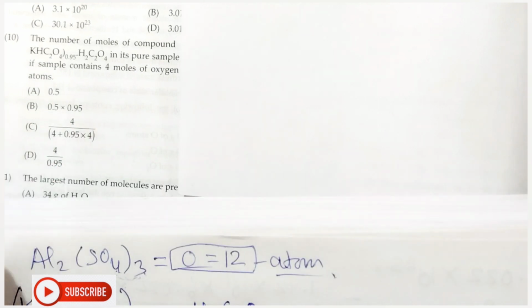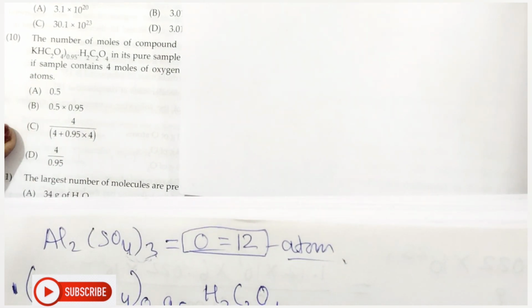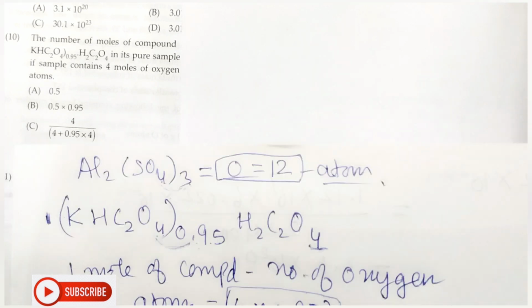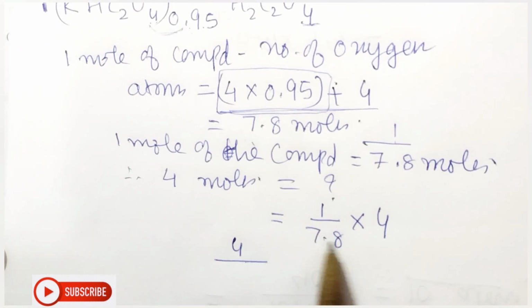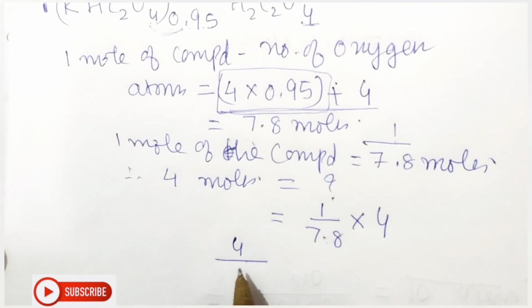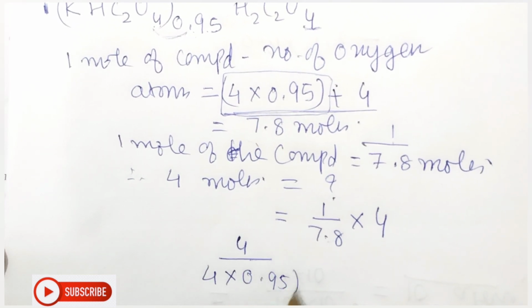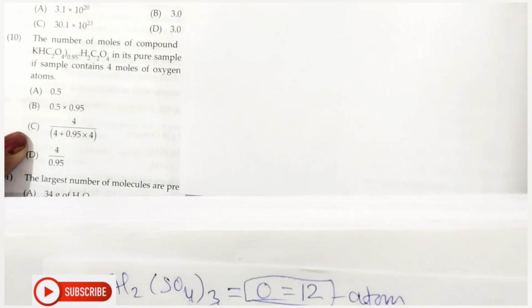But students, if you see the options, there is no option related to this, and therefore without doing the calculation, we will keep those moles as it is. So what will be your answer? It will be 4 divided by, I will not solve the total number of moles, so it will be 4 divided by 4 multiplied by 0.95 plus 4. So here your answer is the third option.